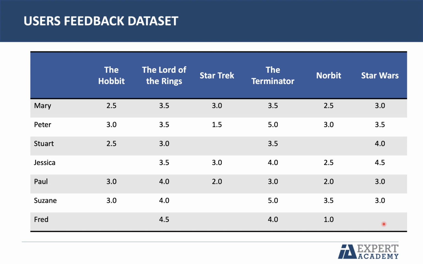So, we may or may not recommend these movies to him. We are going to use this small dataset to test all mathematical calculations step by step, and then we will compare to our Python implementations.